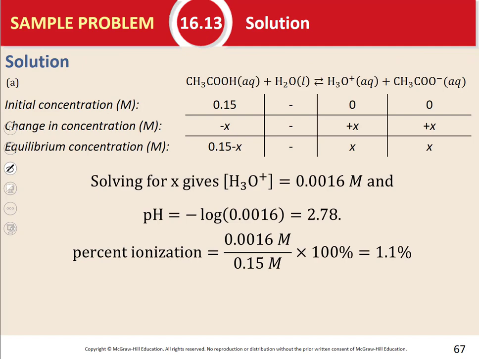We do our ICE tables. So the first one is the ICE table for the 0.15 molar, exactly the same as the last problem. Plug that in to our equilibrium expression, solve for x. In this case, we got a percent ionization of 1.1%. So is assuming x is small a good assumption?